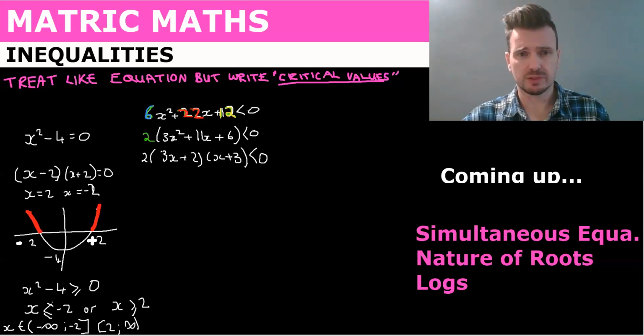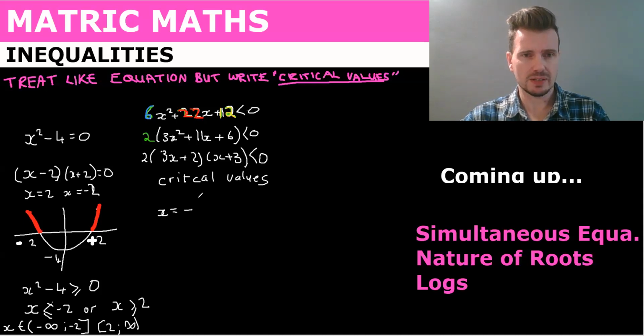So instead of saying equals, we just say critical values. And so our critical values were x equals minus 2 over 3, or x equals minus 3.